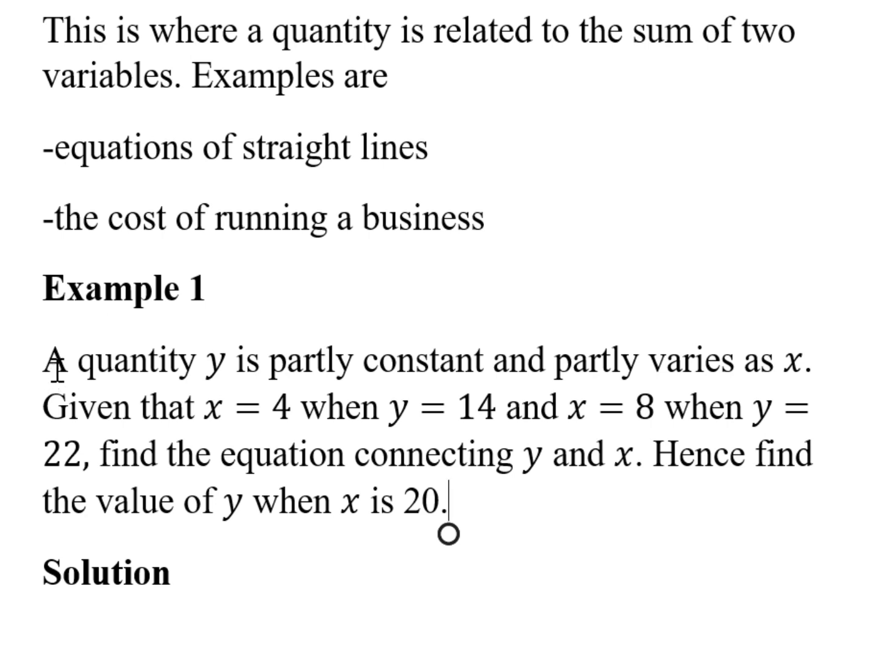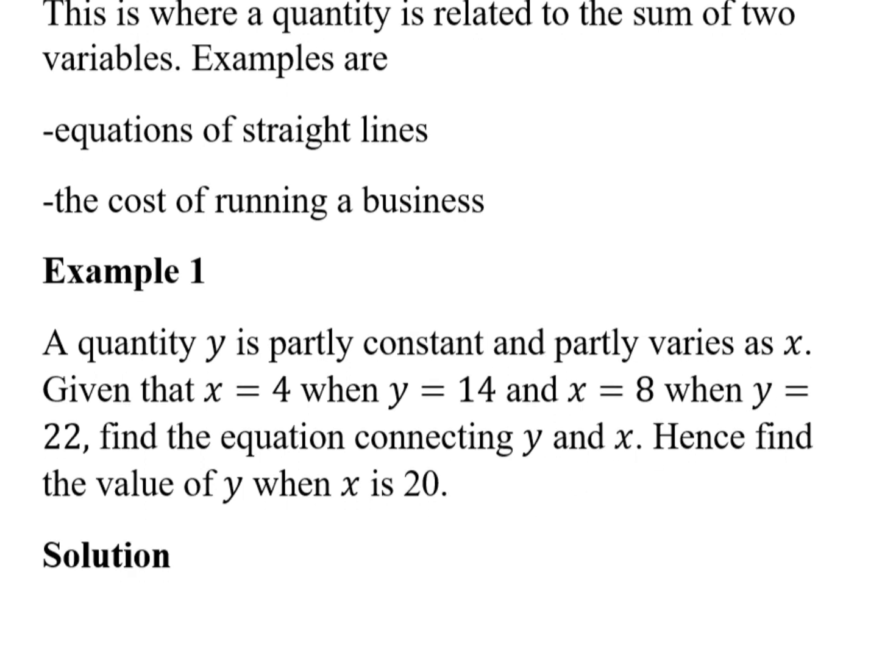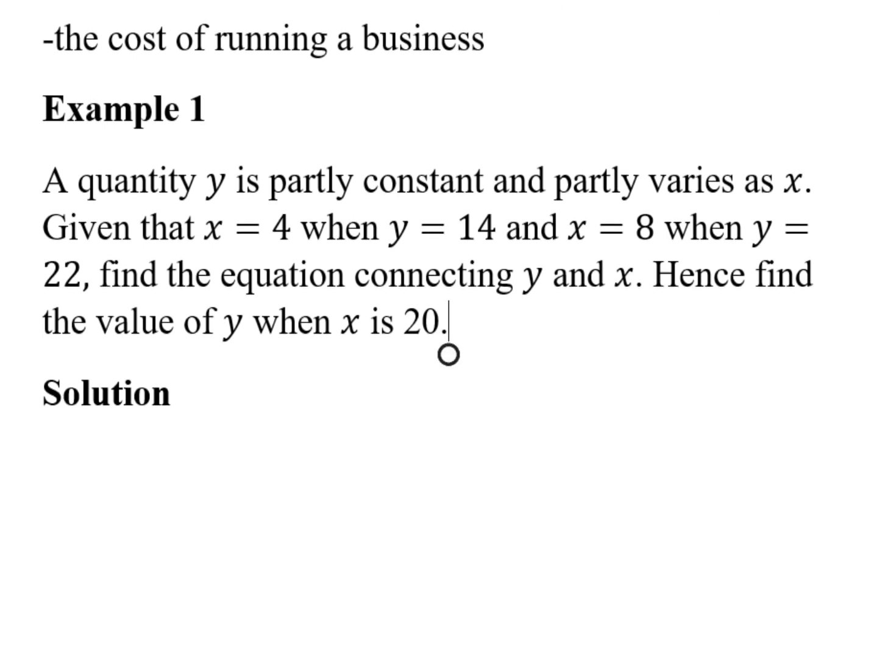What we do is that we first of all come up with a mathematical relationship between the two variables. A quantity y is partly constant and partly varies as x. Mathematically, we write y is equal to c plus kx. C stands for the constant we are talking about here. And then we are told y varies also as x. So we have x here.